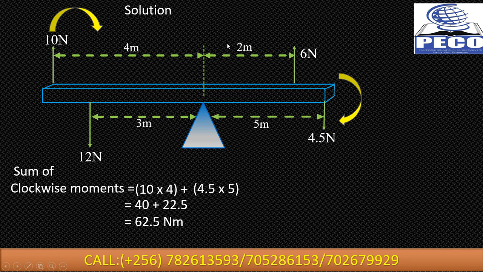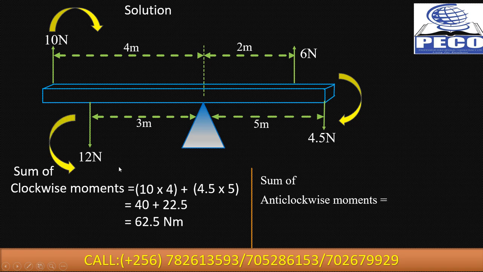Then we go. Now we are left with 2 forces, 12 and 6. The 12 is anti-clockwise and the 6 is anti-clockwise. So we look at the sum of anti-clockwise moments.